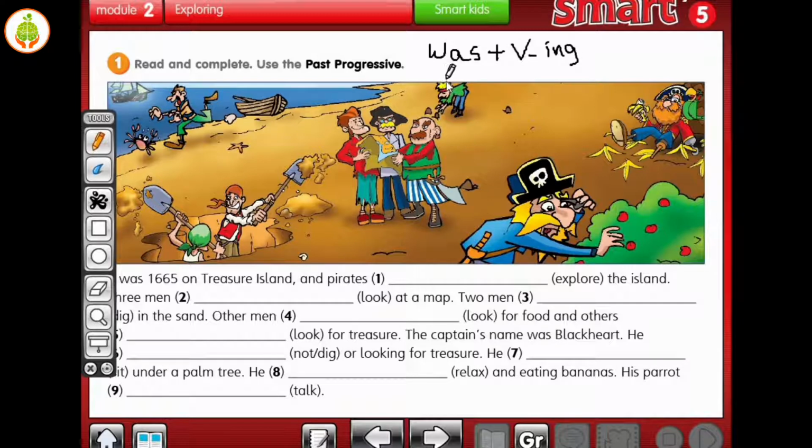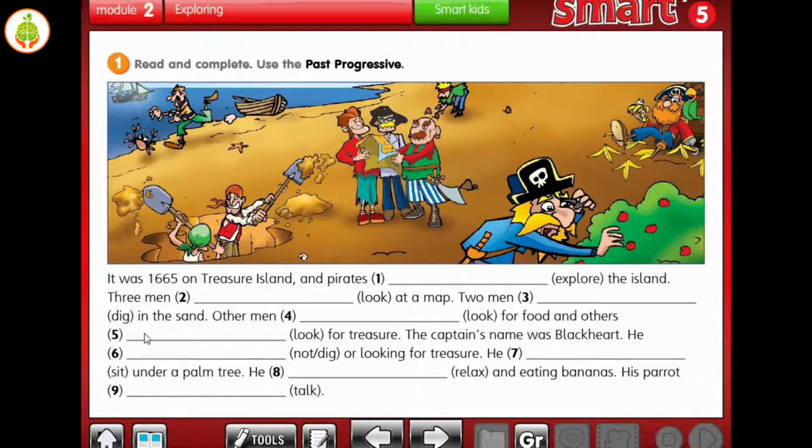Okay, but if we have plural subjects like we, you, they, what do we use? We use were plus a verb with ing. Okay, very simple, very easy. Now we have to read and complete. Let's read.